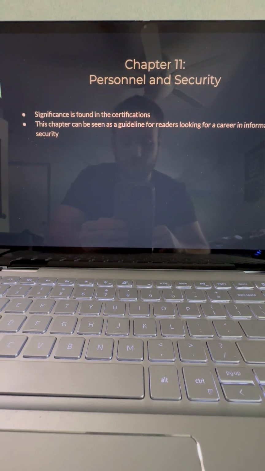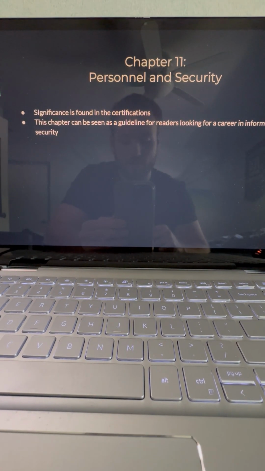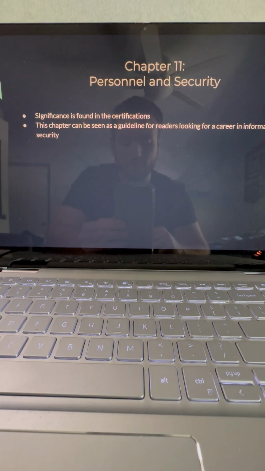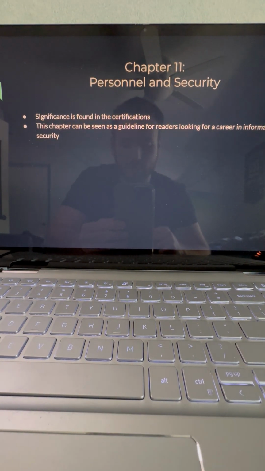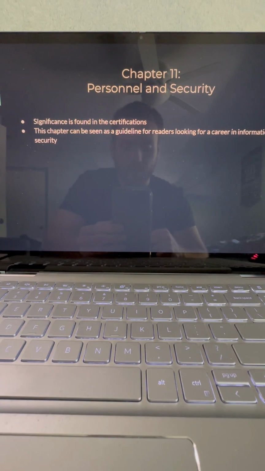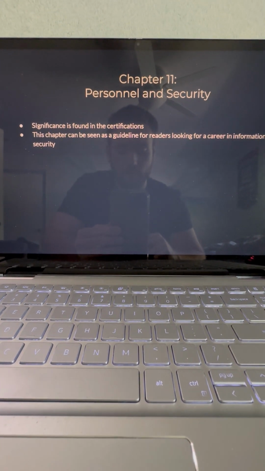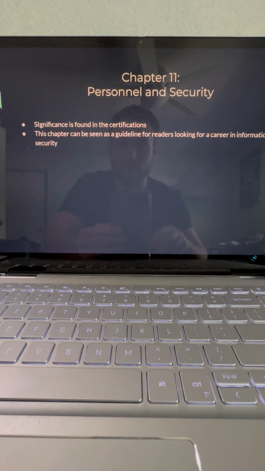The CISM certification demonstrates a candidate's ability to manage, design, and assess a company's information security program. The GIAC certification demonstrates expertise in specific areas of information security and are highly regarded within the industry. And the CompTIA Security Plus is an entry-level certification and validates foundational knowledge.